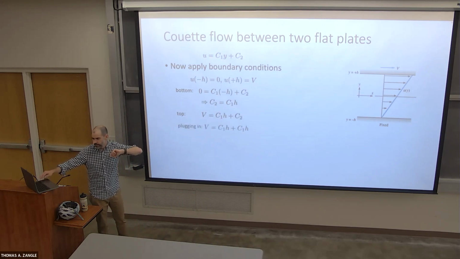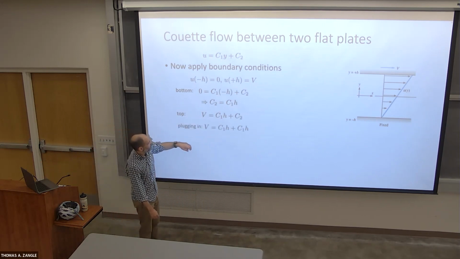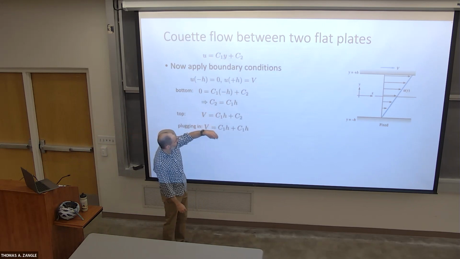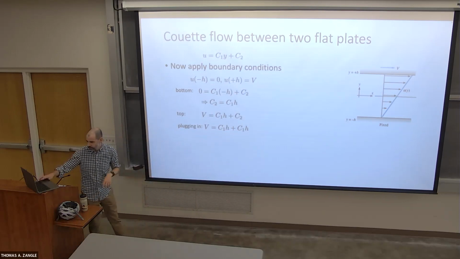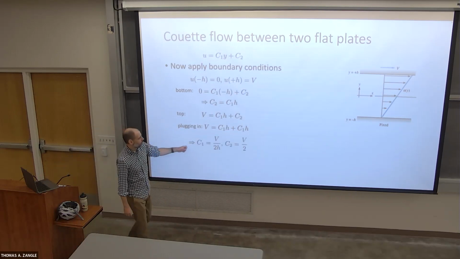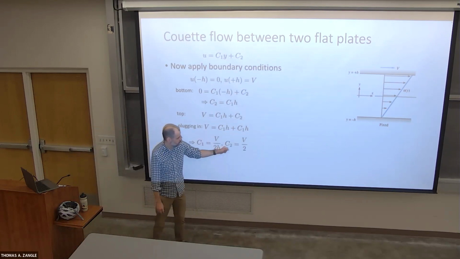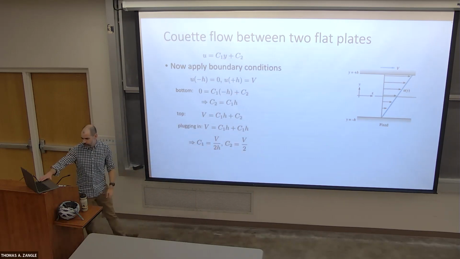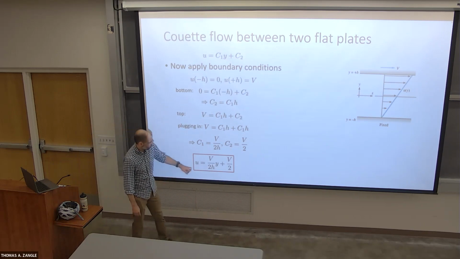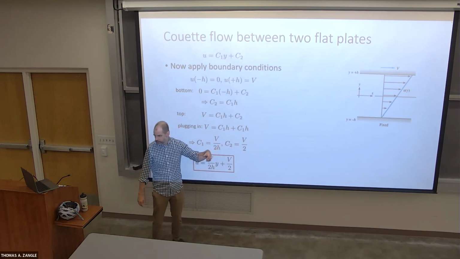Plugging in our expression for c2, V is equal to c1 h plus c1 h. So c1 is V over 2h, and c2 is V over 2. We can solve for the velocity profile as u equals V over 2h times y plus V over 2.